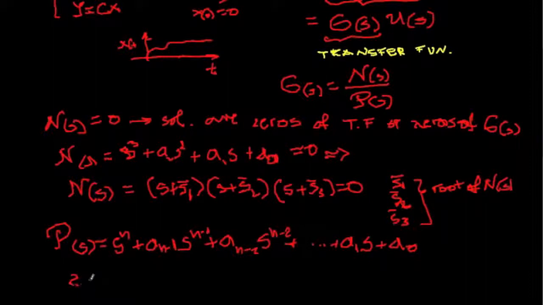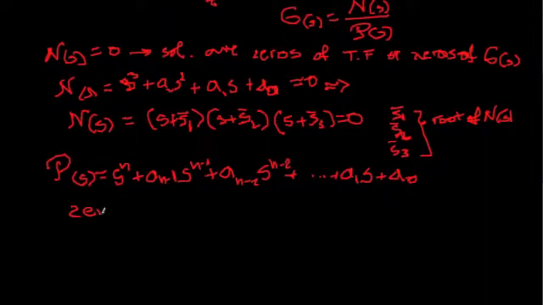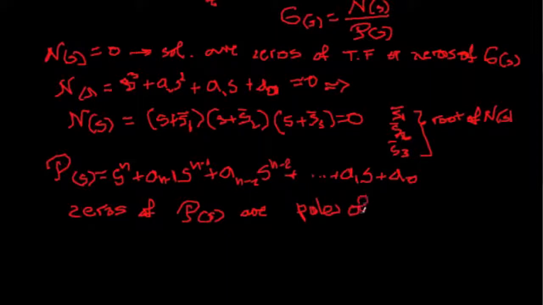And the zeros of p of s are poles of the transfer function, or poles of G of s.